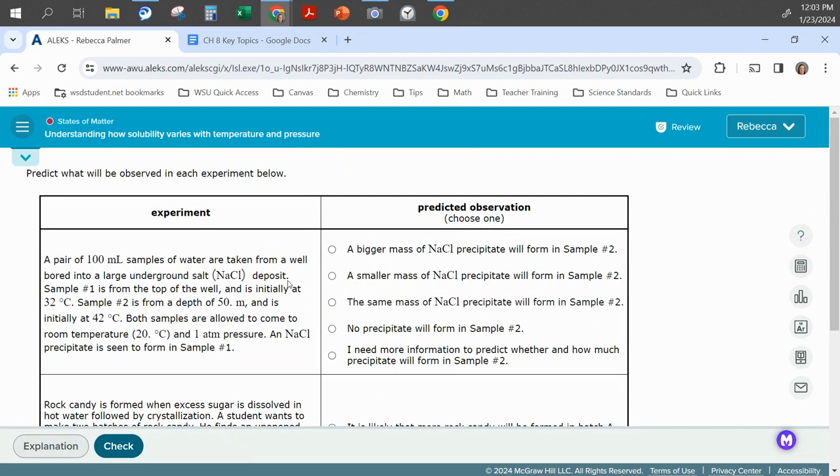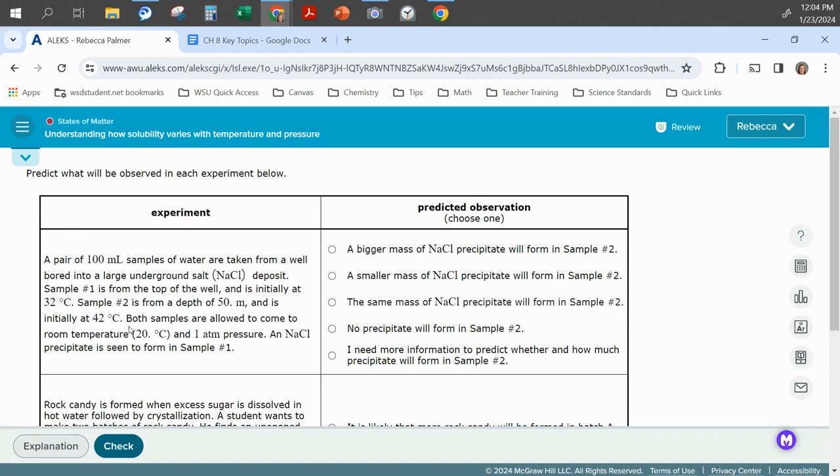Okay, next one. A pair of 100 milliliter samples of water are taken from a well, and so you pull one sample out. It's initially at 32 degrees Celsius, and then you pull out the second sample and it's at 42 degrees Celsius. So what you want to look at is the initial temperatures and the final temperature. So the final temperature is 20. So that means the temperatures both dropped to 20. Does that make sense?